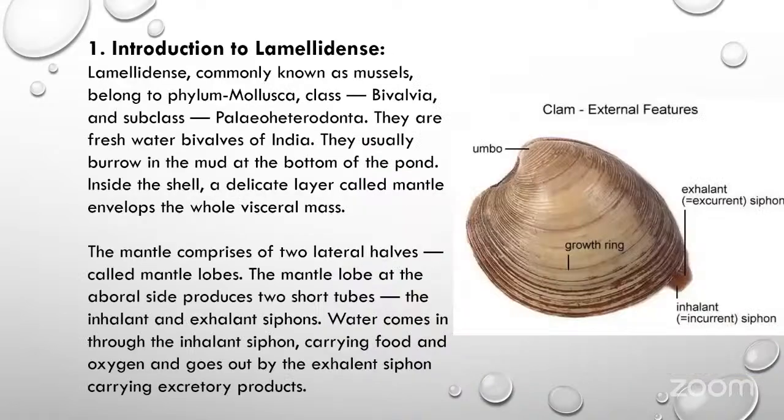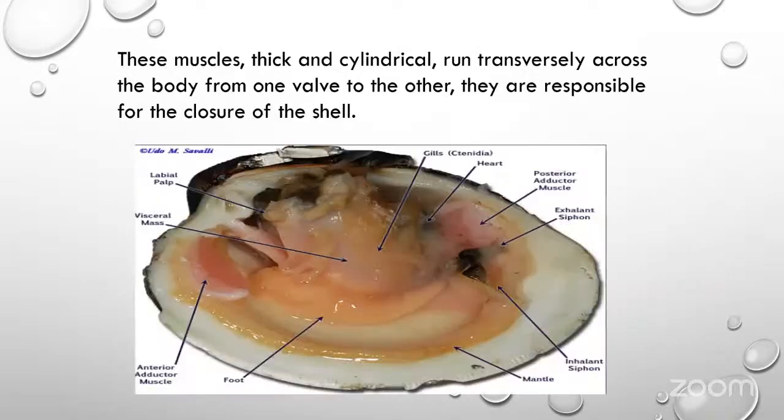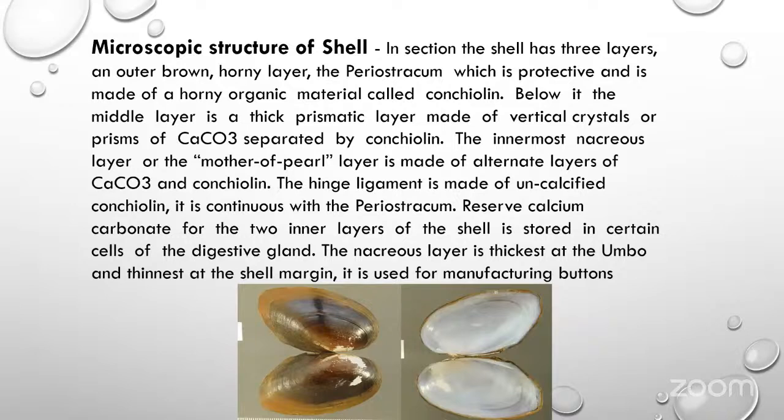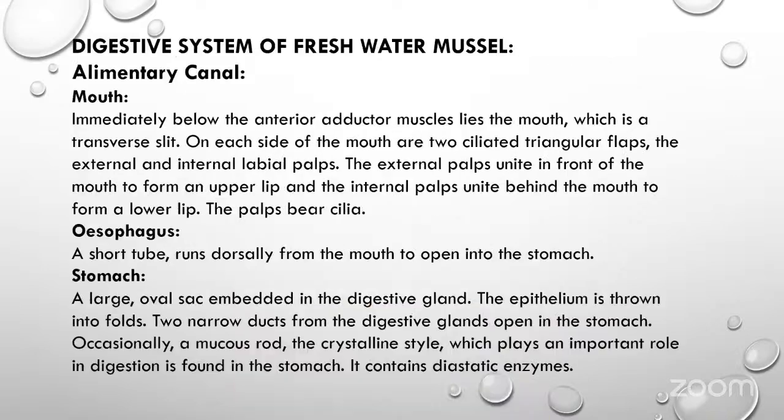So we have seen how the outer surface looks, the internal organs, the microscopic structure of the shell, and the different parts of the digestive system also we have studied. What happens in the mouth, how does the esophagus look, and what is the function of the stomach.